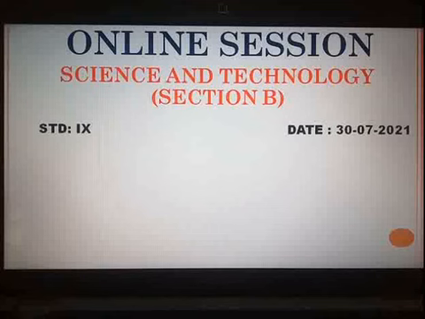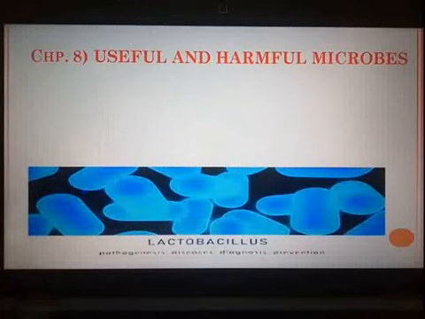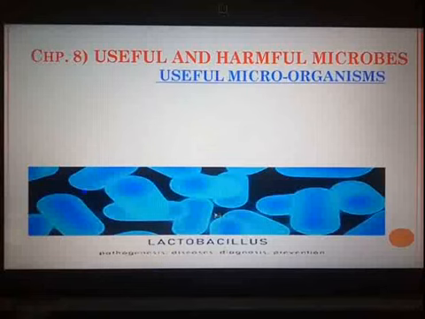Yesterday we completed the revision of all the 4 chapters for both the sections, and we also started a new chapter from Section B, Useful and Harmful Microbes. We will first revise the topic which we studied yesterday, and then move towards the new topic. Yesterday we saw what we mean by microbes and what useful microorganisms are.